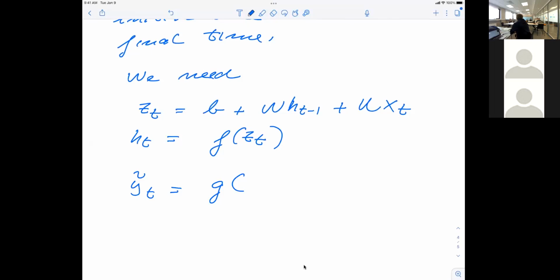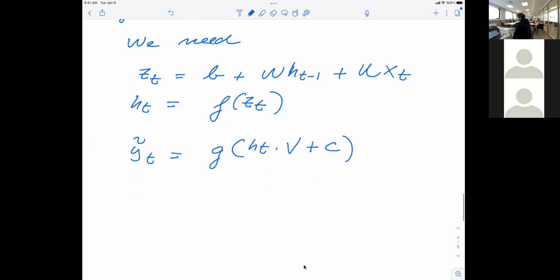If we're dealing with a classification problem, that could be a softmax function. If we are dealing with a fitting problem of a specific function, or what we normally call a regression problem, then we end up with something like the mean squared error, or similar types of functions. So this would now involve this h of t multiplied with this matrix V, which contains the weights, plus some new bias. And g could be a function like the softmax or other functions which are relevant.